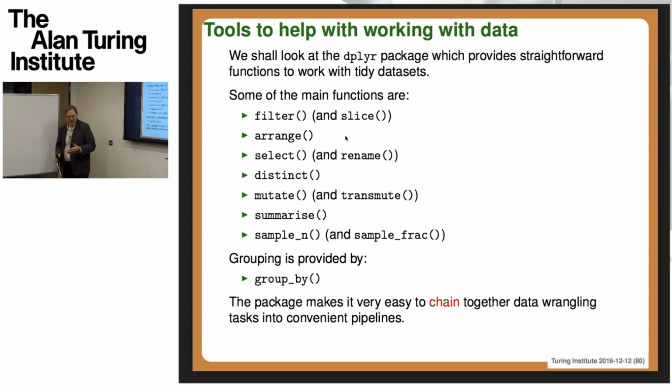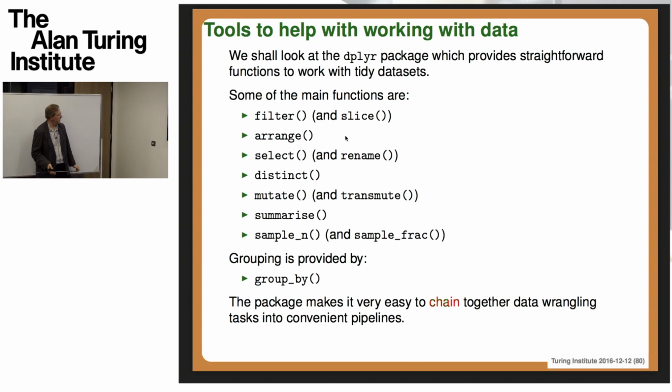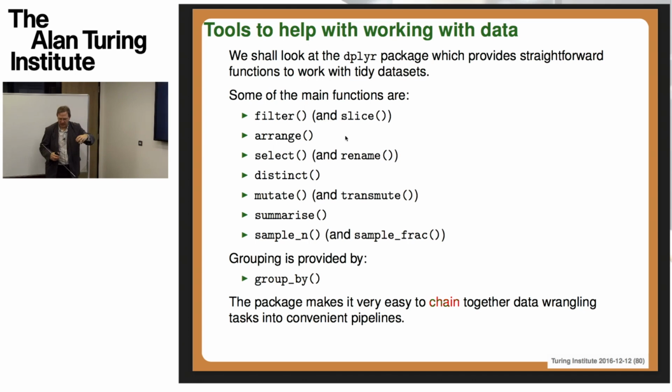And then crucially, as this package has evolved, it's evolved, I think, into a very nice sort of easy and powerful little language for building pipelines for data wrangling. And the crucial thing that makes this work is that you can chain together these operations to produce pipelines. So there's a special operator which allows you to chain one operation as a successor to the previous operation, and so on.